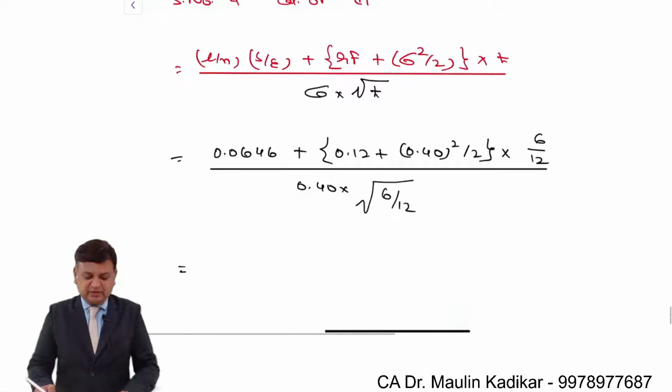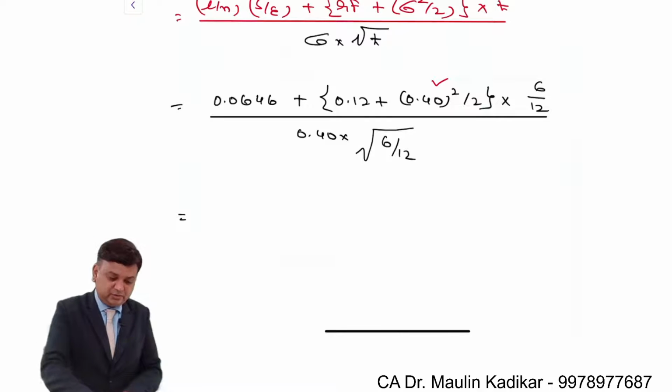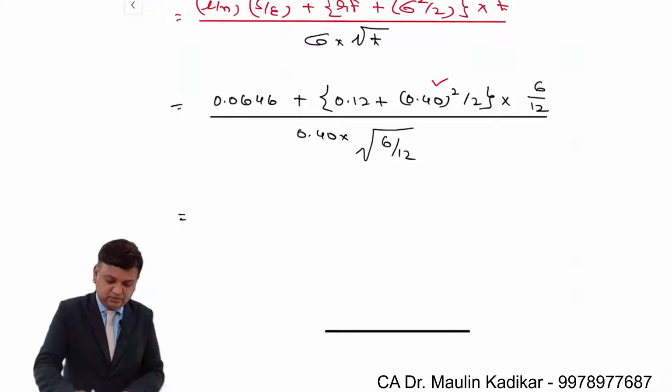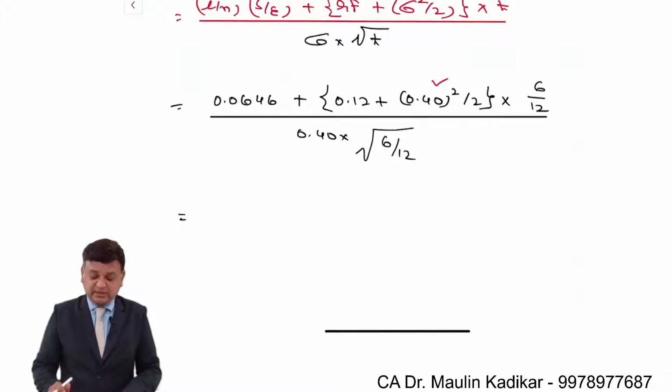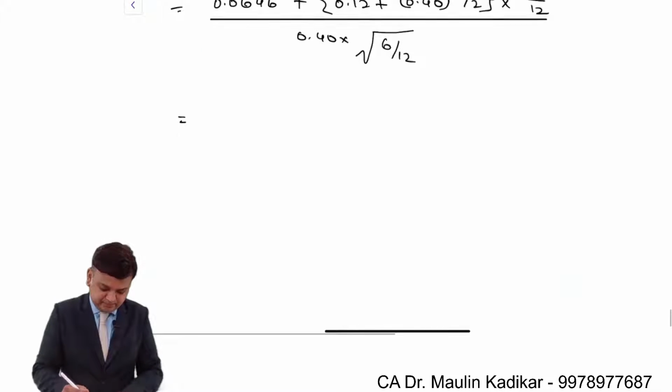This is the way we are required to make the calculation. So first of all, the square of 0.4 is 0.16, divided by 2 is 0.08, plus 0.12 is 0.20, into 6 divided by 12 is 0.10.